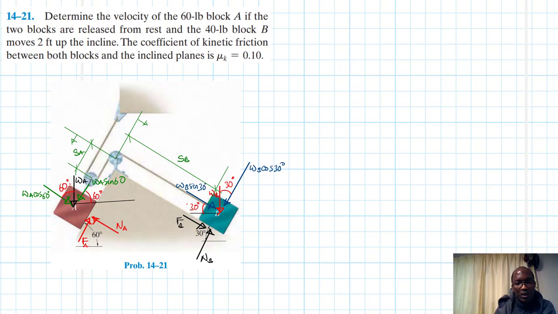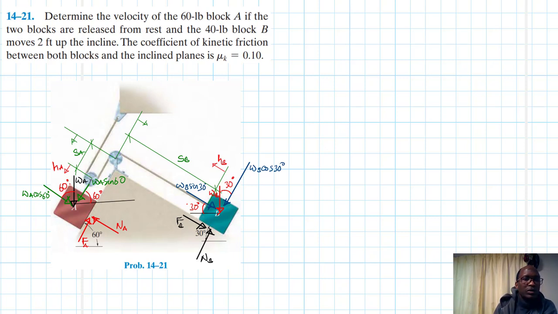Then let's show the direction of movement. This goes up, and this one goes down. We'll call this one HB, and this one HA, the one going down.